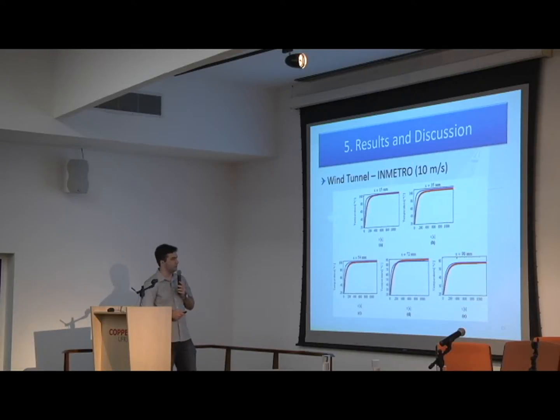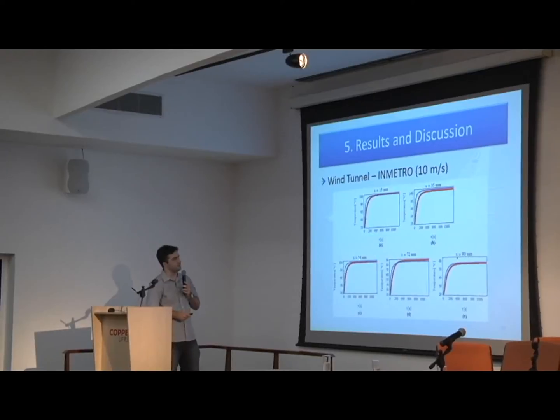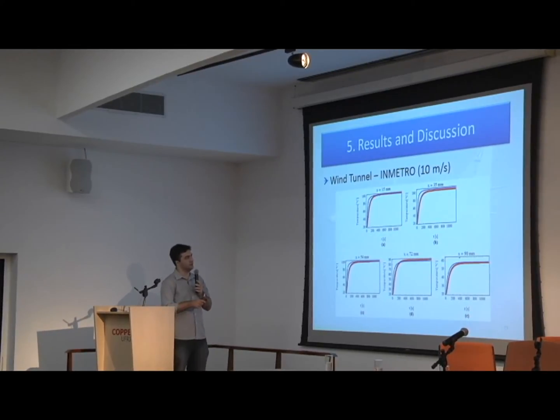Now an important result. These are temperatures for several sections of the pitot tube along time. These results are without considering the heat capacity of the porcelain. The blue curve is the model and the red curve is the measurement.